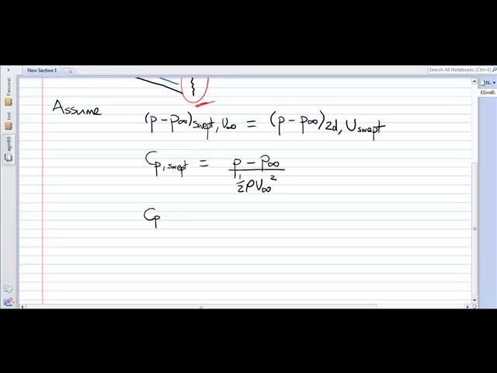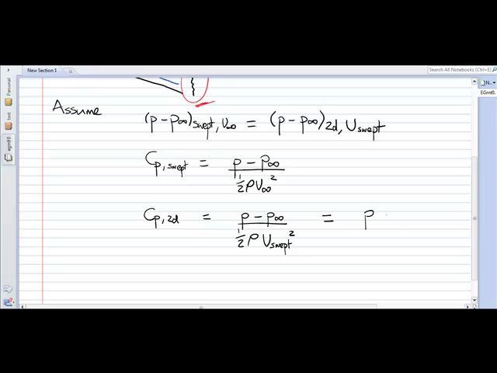But we're going to assume that Cp, the 2D pressure coefficient, again will be p minus p infinity over half rho u swept squared. Now that follows directly from this assumption that we've made above, that p minus p infinity for a swept wing at u infinity is equal to p minus p infinity for a 2D wing at u swept.